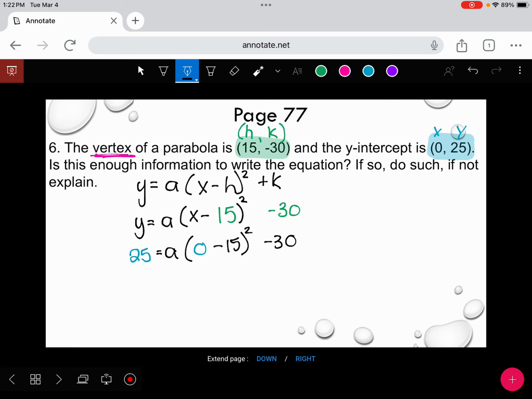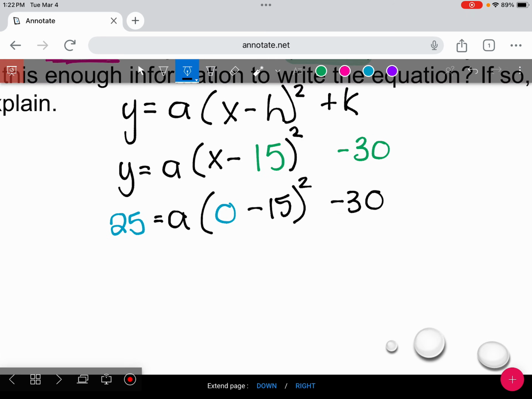What should we do? Say it louder. Yeah, let's simplify a little bit. So we've got our 25 equals a times negative 15 squared minus 30, because we just took our 0 minus 15.